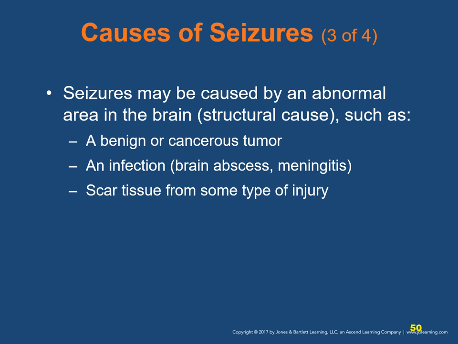Seizures may also be caused by an abnormal area in the brain, like a structural cause, which is a benign or cancerous tumor, an infection, such as a brain abscess or meningitis, or scar tissue from some type of injury.